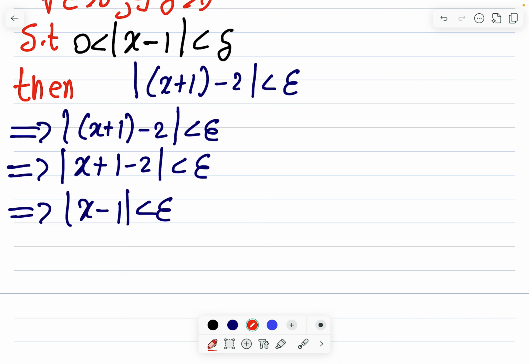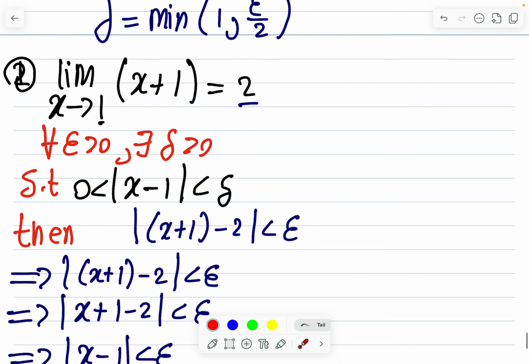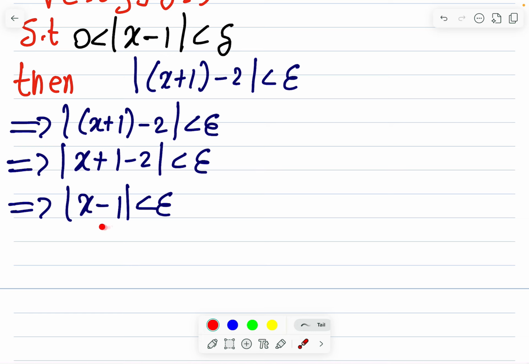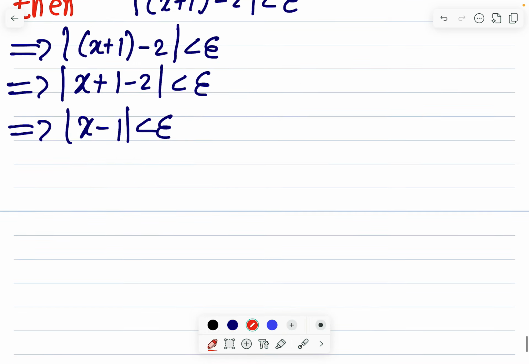Our goal, each and every time, is to find |x − a|, which is |x − 1|. So in this case we have |x − 1| in its state. Understand? So now we are done. For now we're going to choose, or guess, that delta equals epsilon.